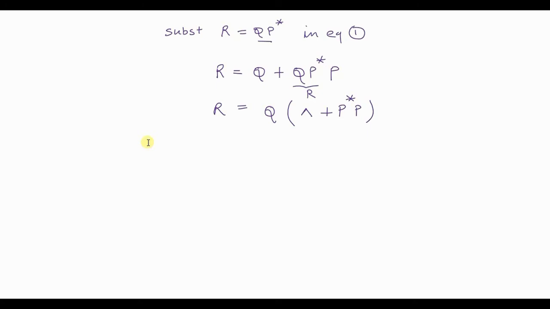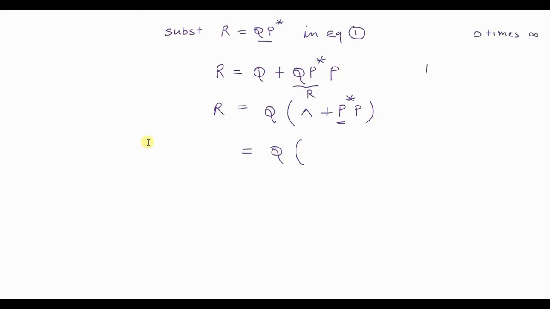P. Okay. Now this can be further written as Q into. Now what is P star? P star means sub expression P can be repeated either 0 times or infinite number of times.